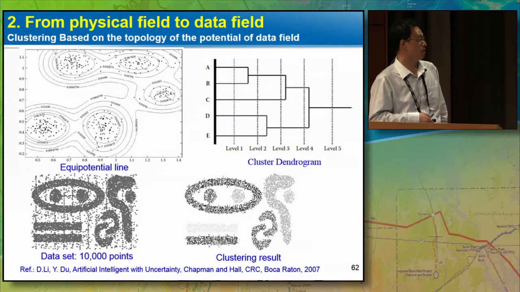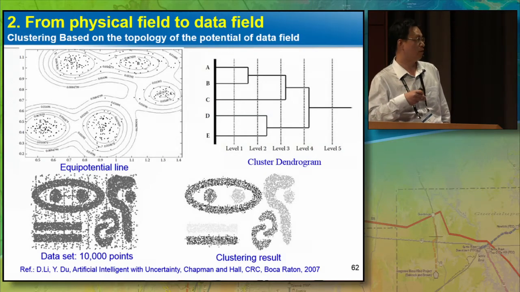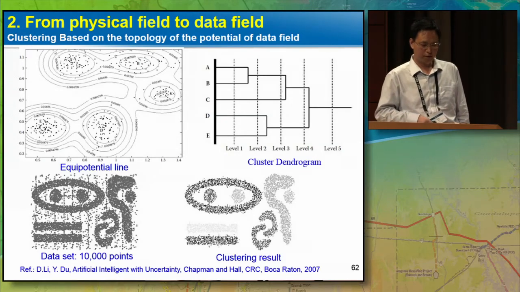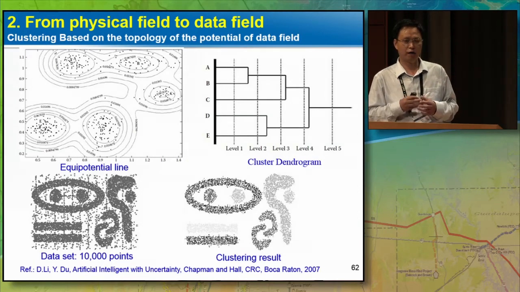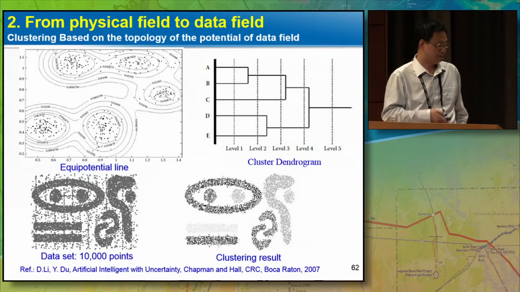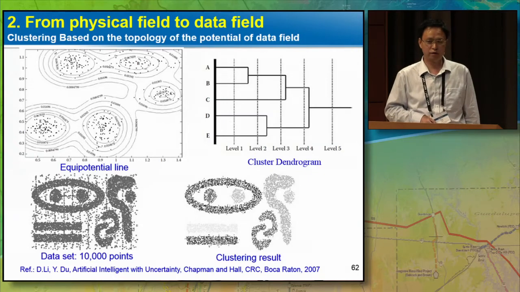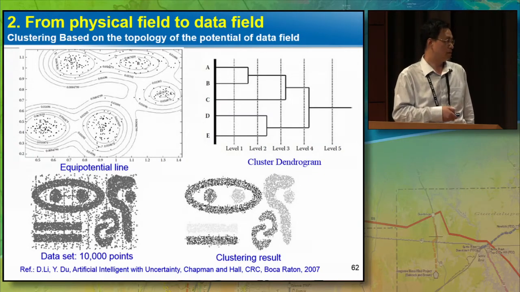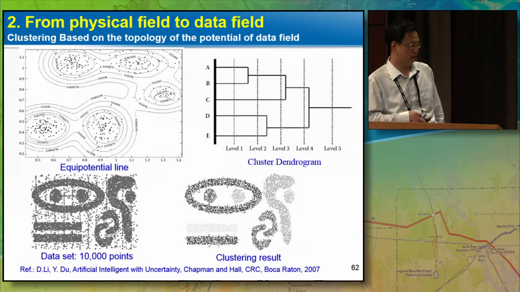For this method, if there are more density of points, there is a higher value of potential, so the method combines the merits of hierarchy clustering and density clustering. Another example is a data set which includes 10,000 points with different shapes and different densities. The result is very good.